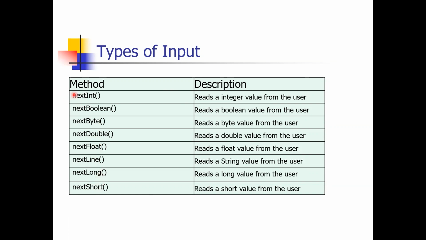For that, nextInt reads an integer value. nextBoolean reads a boolean value. nextByte reads a byte value. nextDouble reads a double value. nextFloat reads a float value. nextLine reads a string value. nextLong reads a long value. nextShort reads a short value.